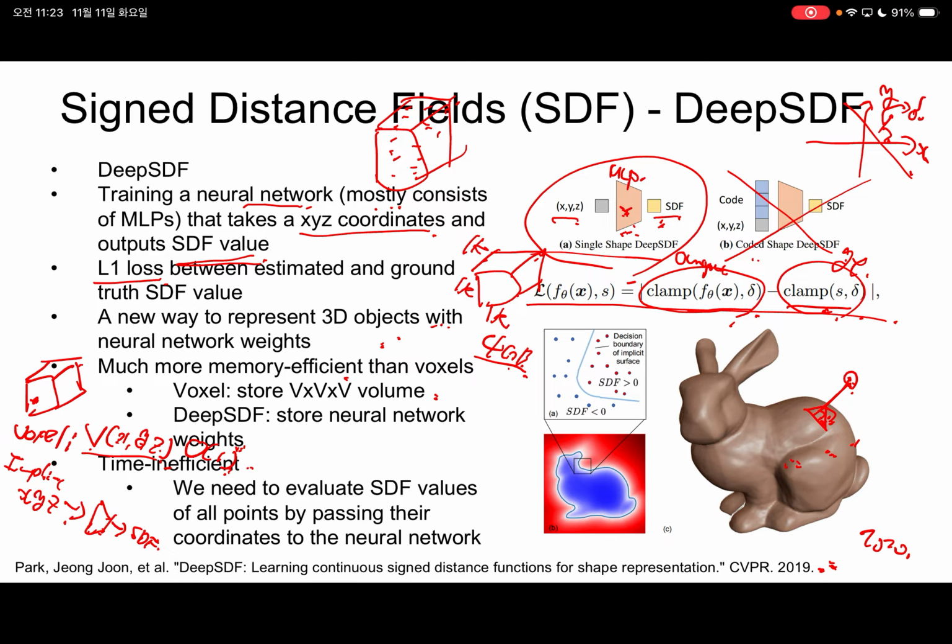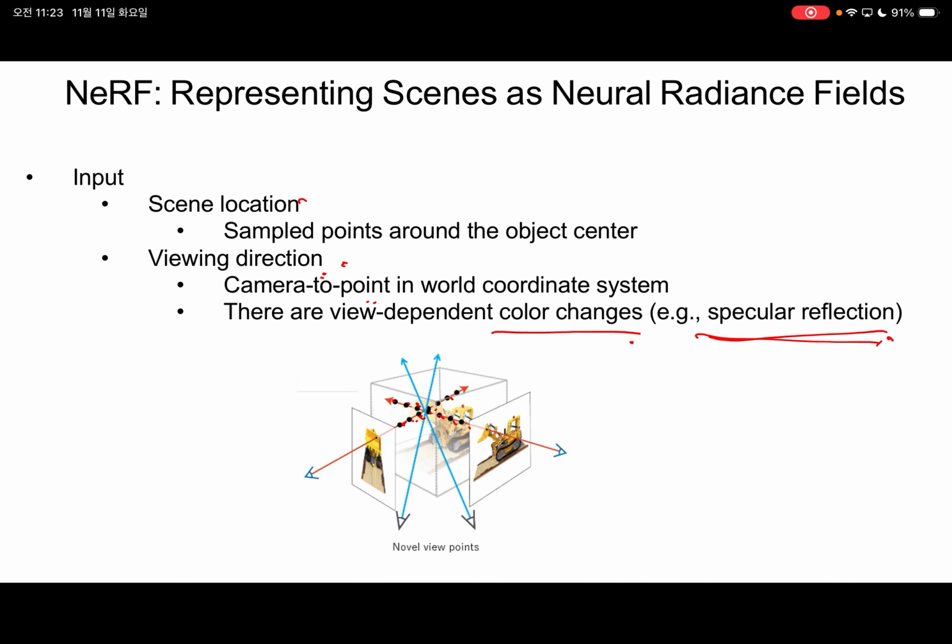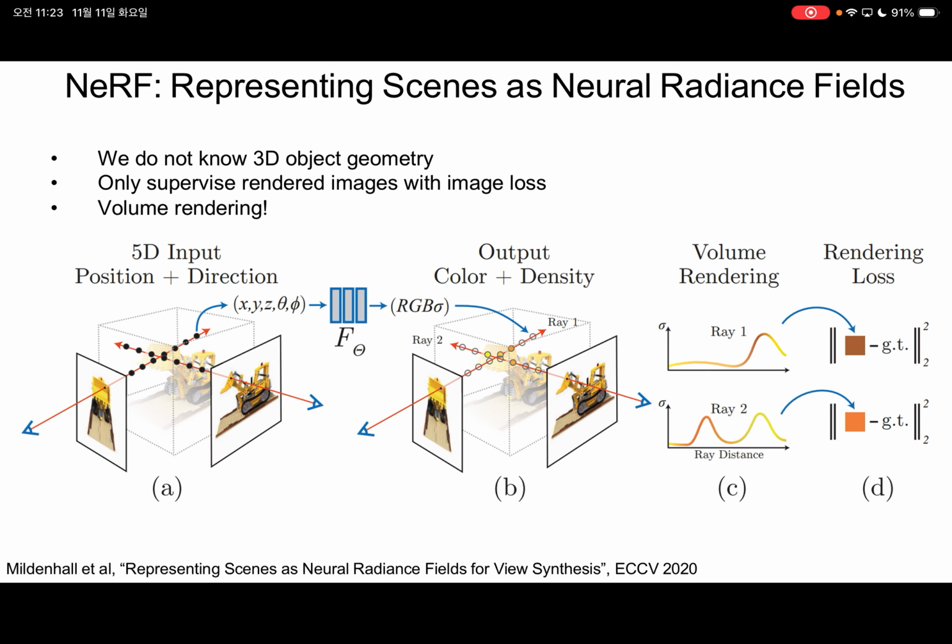But assuming we have good 3D geometry is not very trivial. To get 3D geometry, we need to do multiview stereo that we learned, and it is not very easy. So there can be errors in the reconstructed 3D geometry.